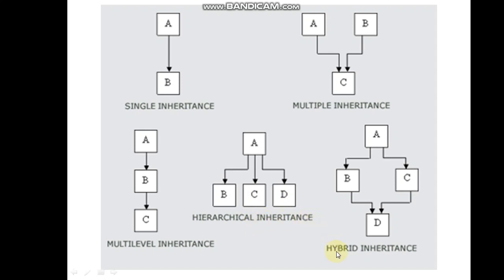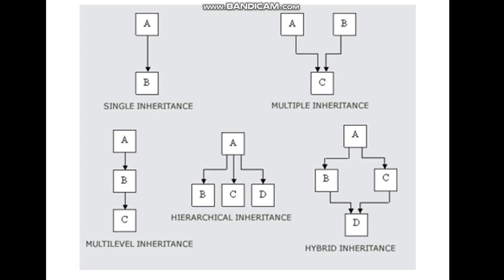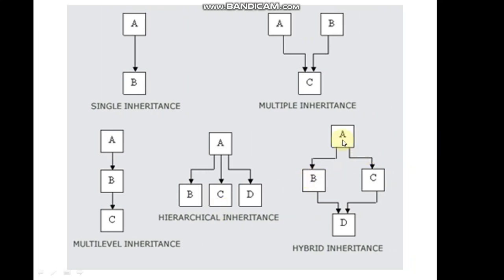Such an inheritance is hierarchical. The last type of inheritance is hybrid, which is a combination of the first four types of inheritance. In this example, the properties of A are inherited by the derived class B as well as the derived class C. Now, this can be considered as an example of hierarchical inheritance. Then, the properties in B and properties in C are inherited into a single derived class.